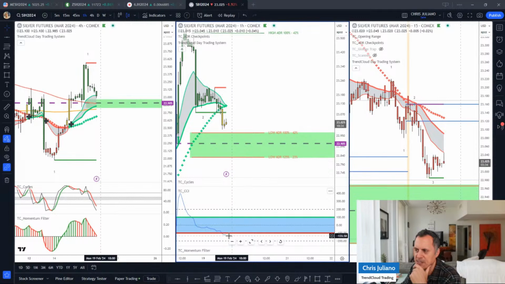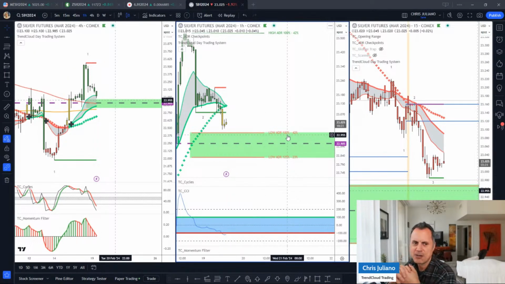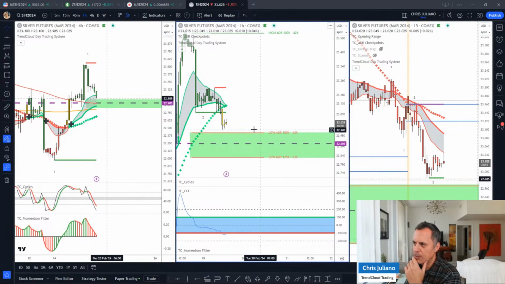Because momentum is still down, cycling down, momentum is down, but we've pulled back pretty deep to that 100% ADR checkpoint. So silver went 100% of its average daily range, and that's where we're at right now. So if you wanted to be aggressive, you can buy here.